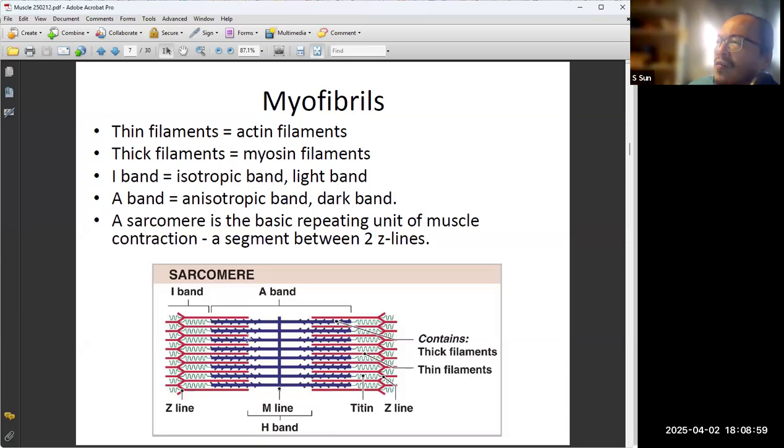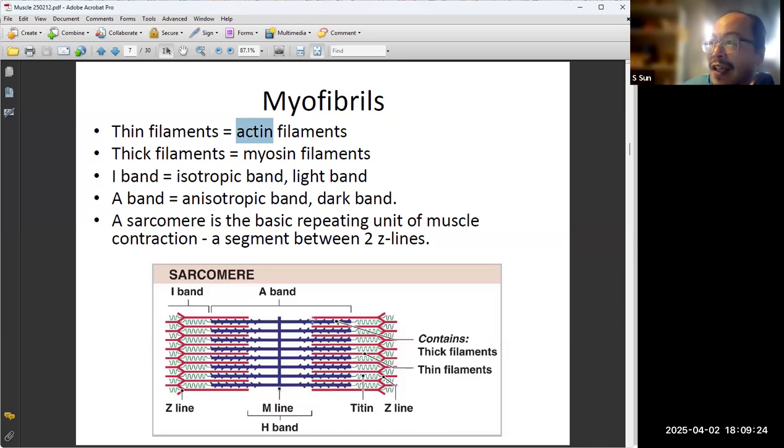What I forgot to mention: what are the thin filaments and what are the thick filaments? Thin filaments are formed by actin. Remember that actin is the element that forms the cytoskeleton, so that's the same thing. This is the cytoskeleton in other cells, made by actin.